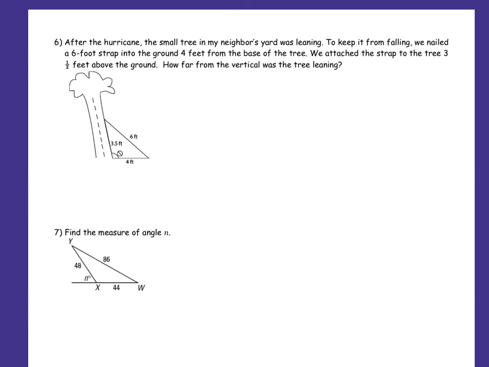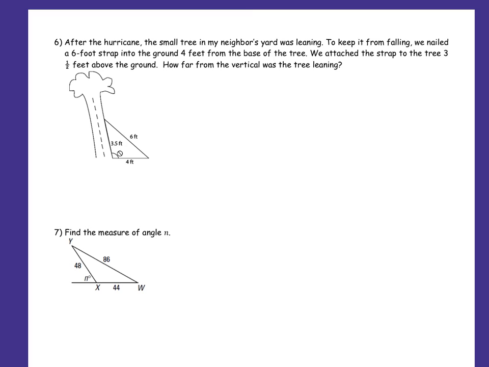It's asking kind of a strange question. I need to find this angle, theta, but it's asking how far from vertical. If it was straight up, which is 90 degrees, how far off that 90 degrees is it leaning? So you have to find this theta angle and then subtract 90 from it, and that's your real answer. Go ahead and go.